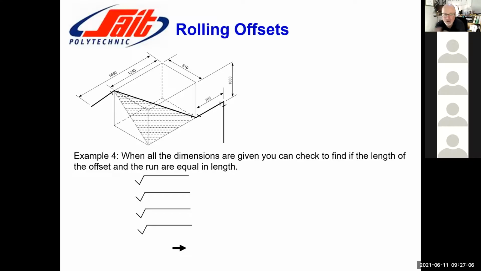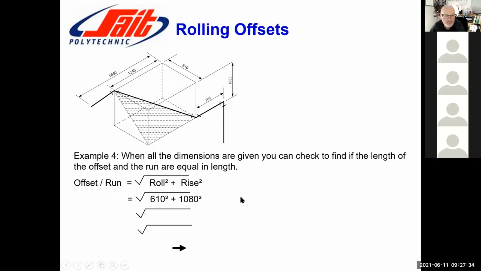So we can figure out if the run and the offset are equal by doing the math. If it's 45s, they should be equal. I have 1240 here in the run. Can everybody see the 1240 as a run here? So we're going to find out if those are equal.